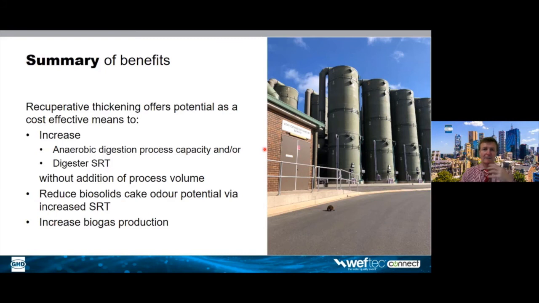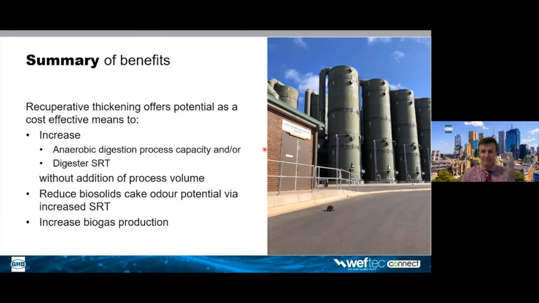As a result of being able to increase the SRT, the process can also provide a significant reduction in cake odour potential, and this can provide significant benefit to the community that both surrounds the treatment plant and the community through which dewatered biosolids may be transported to the disposal or reuse location, and if being reused, can provide benefit to the community at the reuse location.